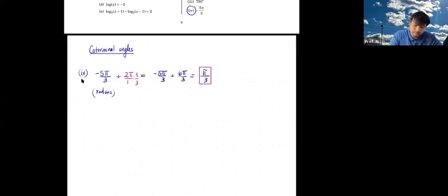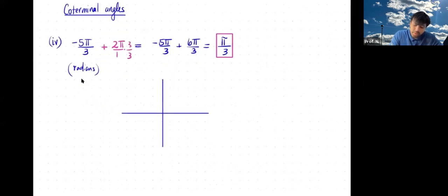If you want to have a bit more reasoning to this, think about the graph. And remember pi over 3? Remember we talked about it, you have to divide up. It's like dividing up pi here. This is pi, right?